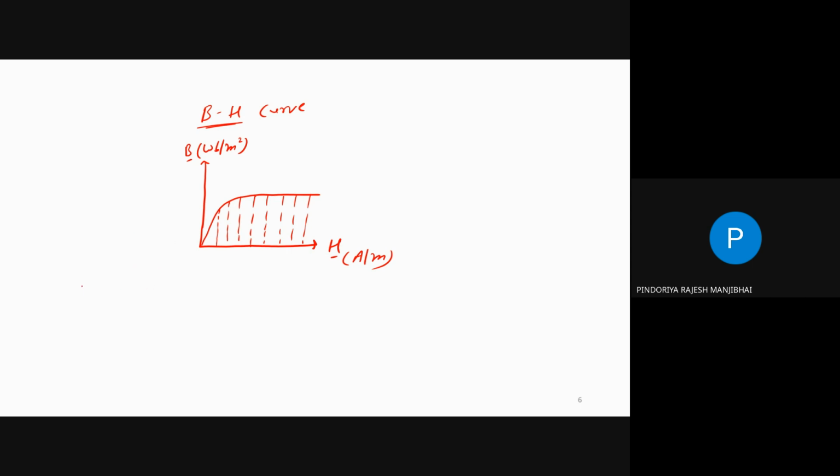This is figure 3, the BH curve for typical silicon steel. Silicon steel is used in electric machines.